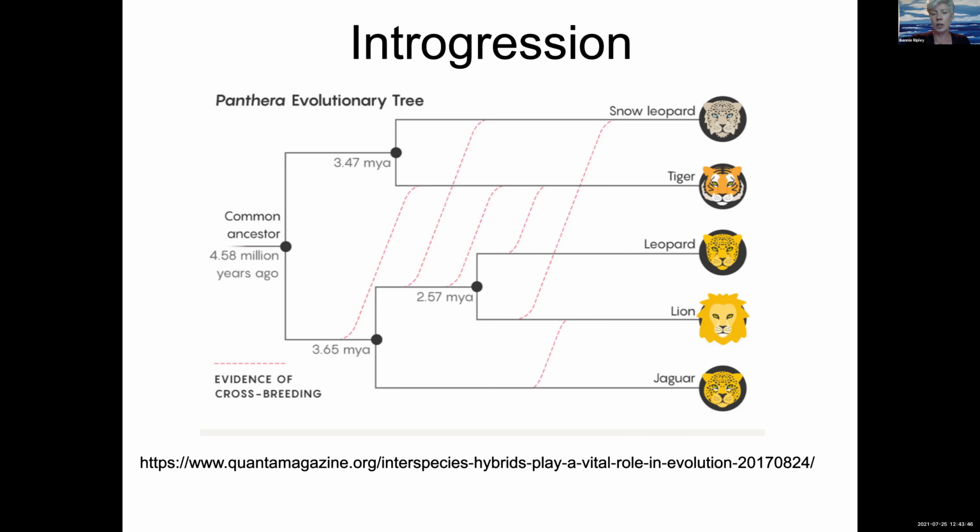A lot of Northern European people have about 3% of Neanderthal sequence that's detectable in their DNA. So that's an introgression event as well. This example is from the big cats, and it turns out that there have been these events of crossbreeding between multiple lineages. We used to think as scientists this didn't happen very often. As we look into it more carefully, we're finding it in more places.